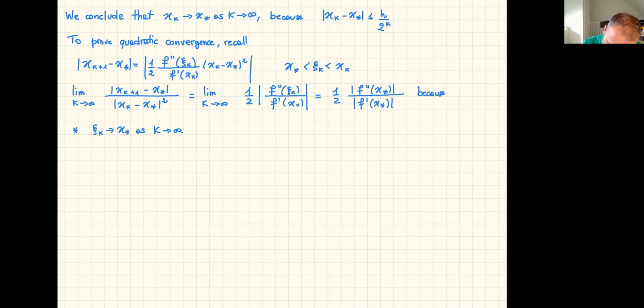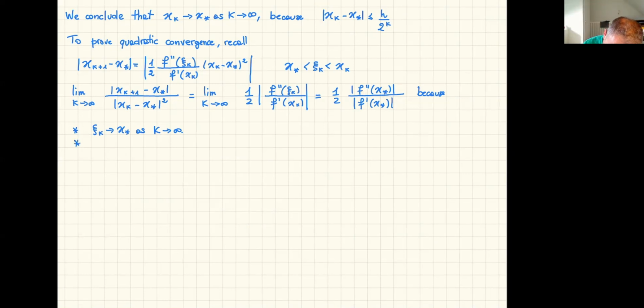But that in itself is not sufficient to conclude. The same is valid for xk: xk also goes to x star as k tends to infinity. But that by itself is not sufficient to conclude that the limit of the sequence is the sequence of the limit.